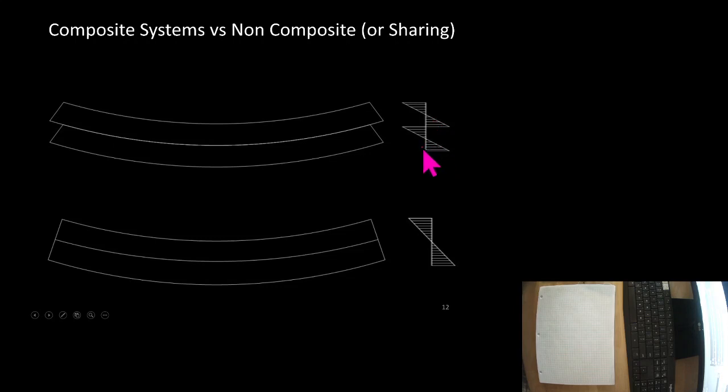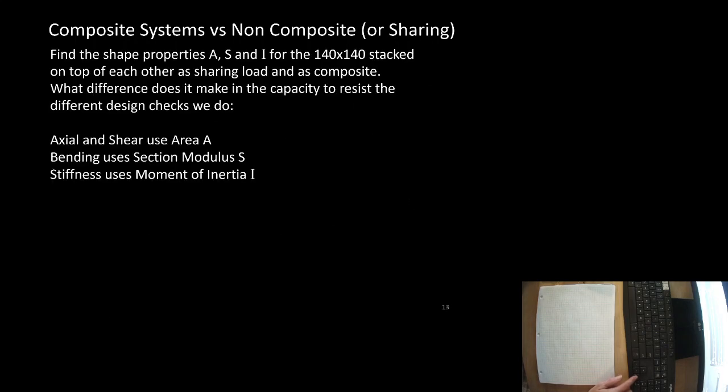We have two beams stacked on top of each other that would both yield when the extreme fibers hit their maximum stress. If we glued them together, they're forced to act as one big element. So the maximum stress would be here and here, not in the middle. So we've increased the depth of this. Let's take a look at what that means. Let's do it by calculations.